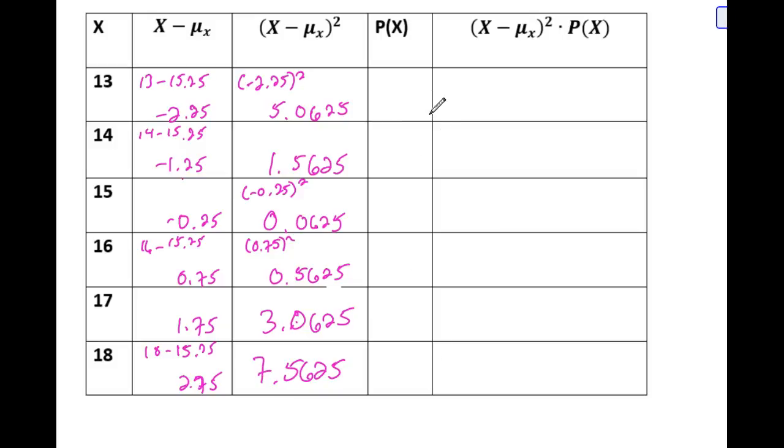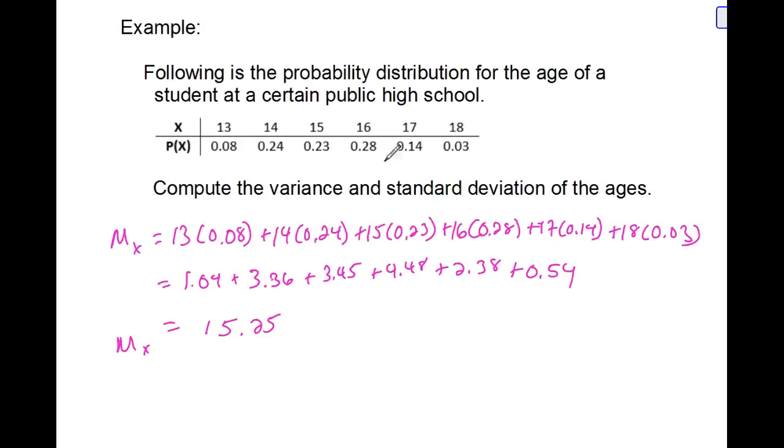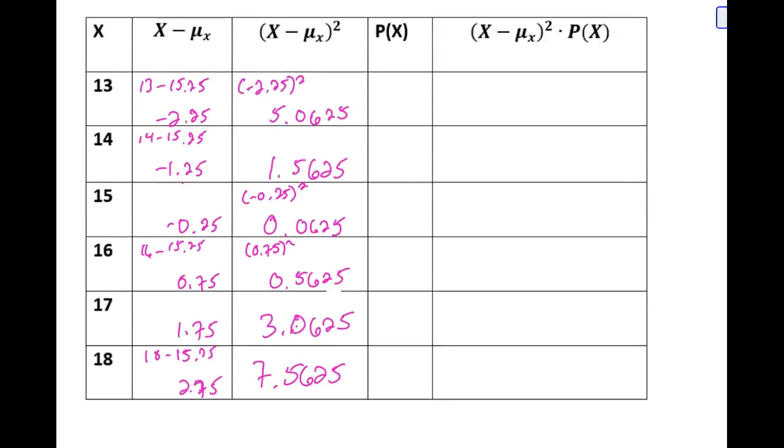In this column, I'm just going to write in the probabilities from the probability distribution up here. So I'm just going to recopy those: 0.08, 0.24, 0.23, 0.28, 0.14, and 0.03. For this last column, I'm going to take the third column times the fourth column.